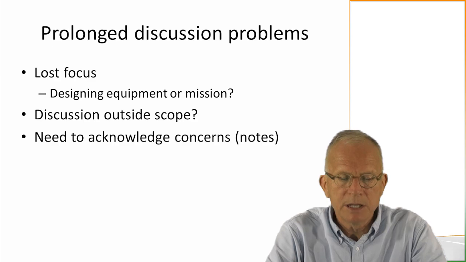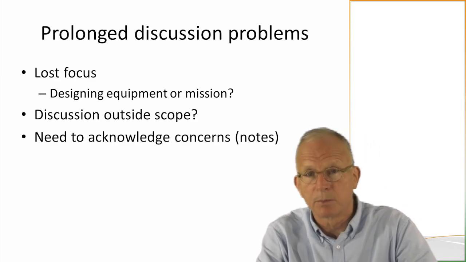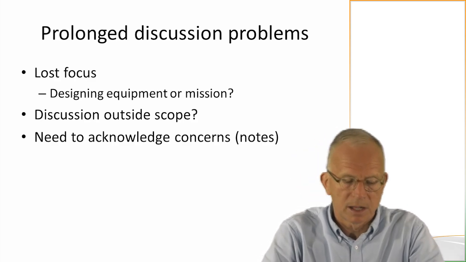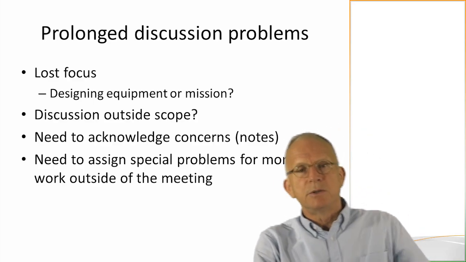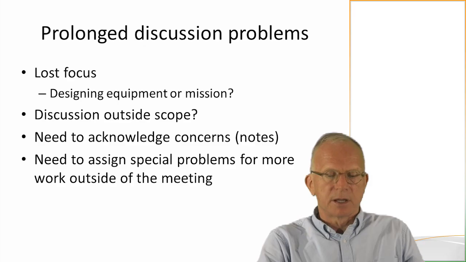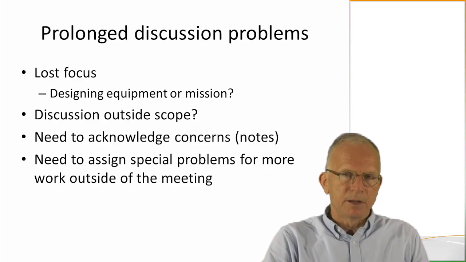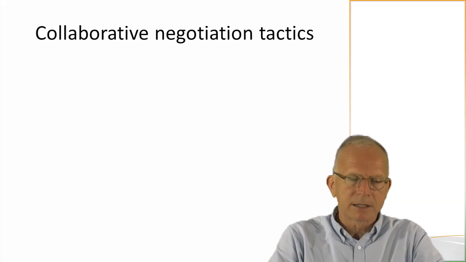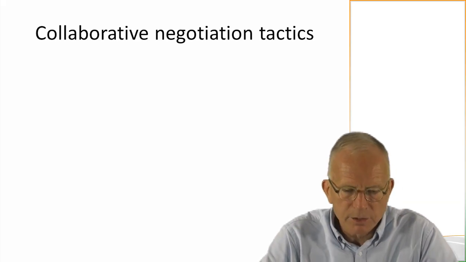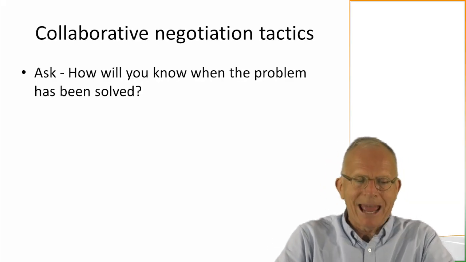And sometimes we need to acknowledge concerns that have been brought up, and by acknowledging the concerns, we can move ahead. Sometimes we need to take a look at the problems that are arising and assign these for work outside of the meeting, and then let the meeting go ahead, knowing that you'll come back to that.